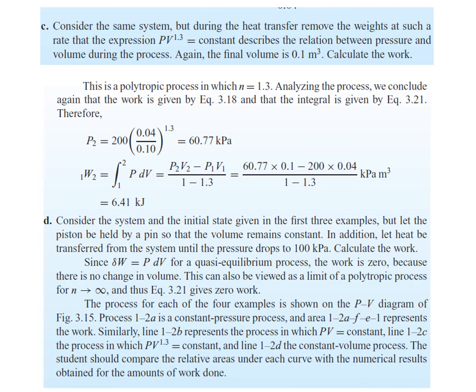Another example is that now the value of n is equal to 1.3. So it is already given. Why 1.3 in a certain ideal gas scenario? If the process is a reversible isentropic process, then n is the ratio of specific heat at constant pressure divided by specific heat at constant volume.